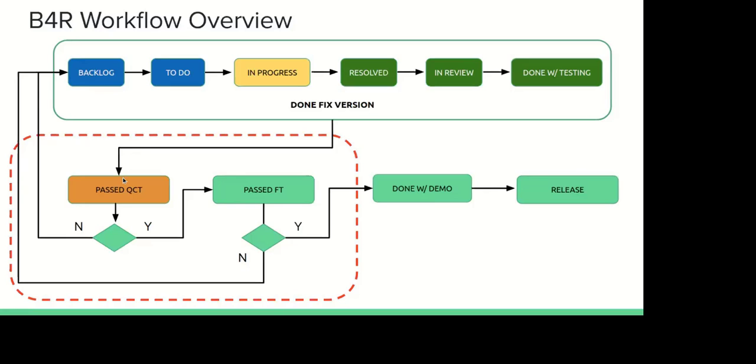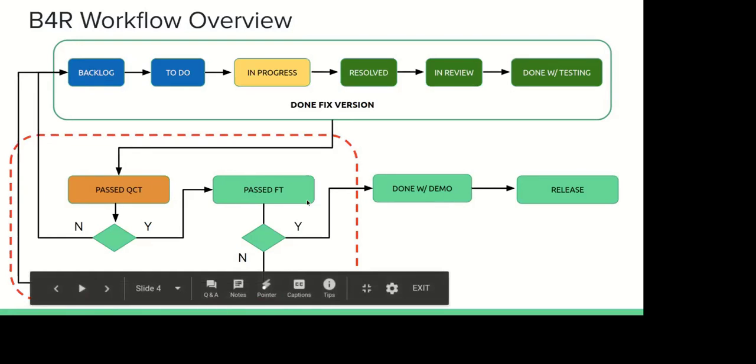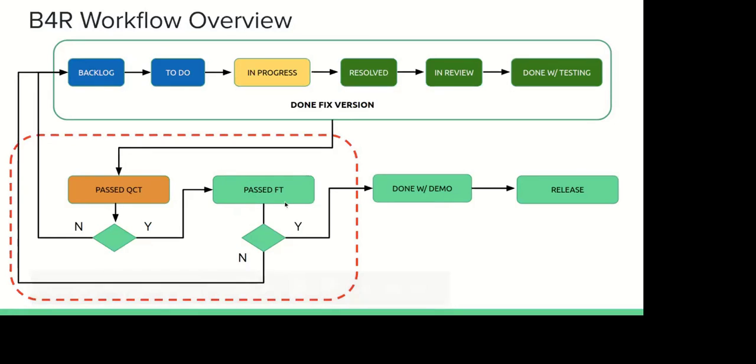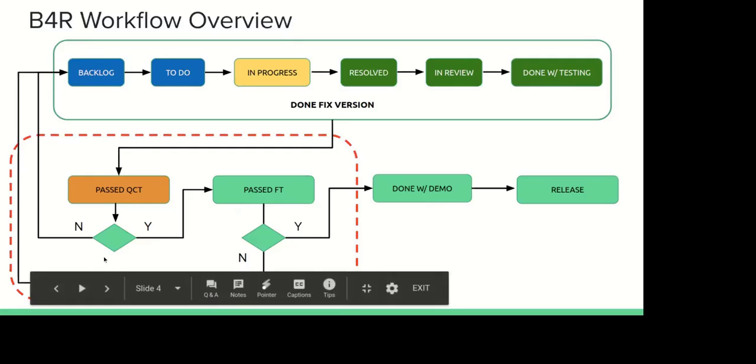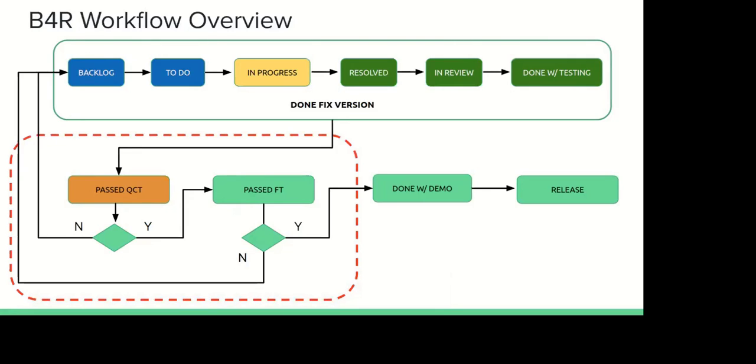So we have the past QCT status and the past FT or past functional testing. After every development issue is done with peer testing, it will go to our side and we will determine if there are issues or defects in the specific modules that we are testing.